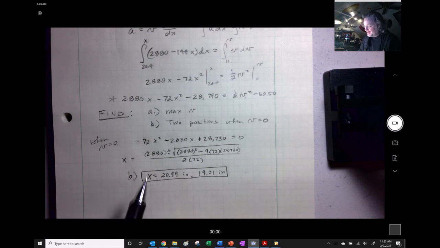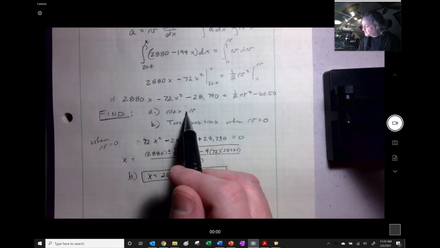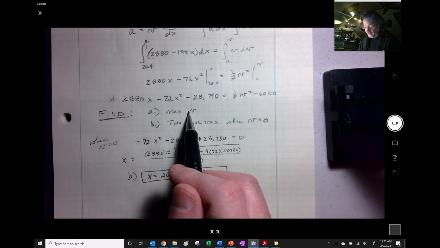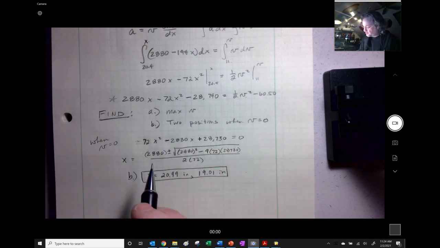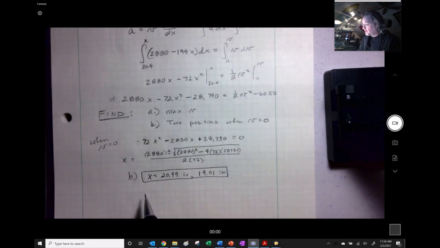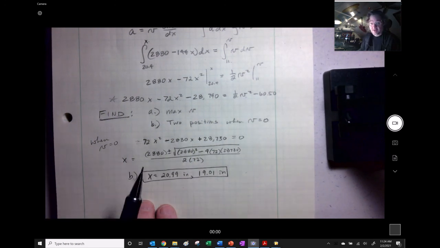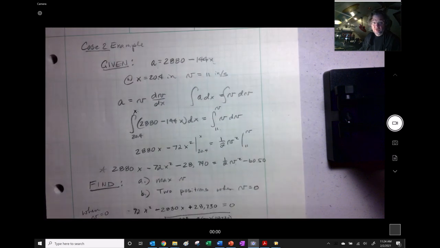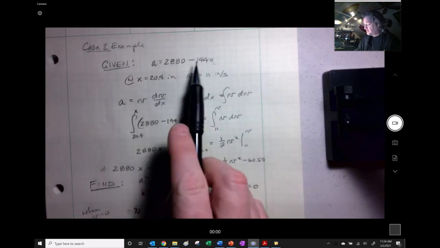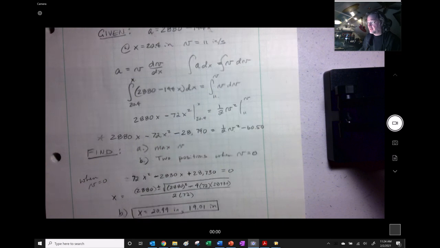To part A, where we want to find the maximum, right? So we're looking for the maximum velocity. Well, the maximum velocity occurs when the acceleration is 0. So when does the acceleration equal 0? Well, right here, set it equal to 0, and we could solve for x.